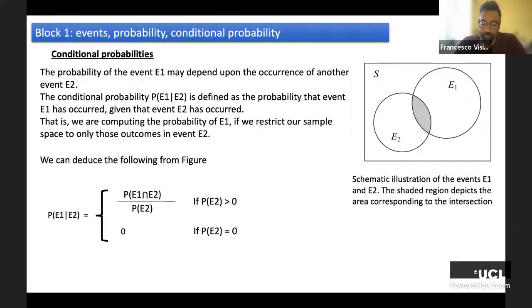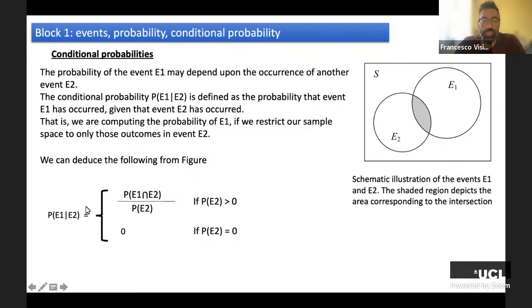The other very important concept in PSHA is the conditional probability. The probability of an event E1 may depend, in fact, upon the occurrence of another event E2. So the conditional probability, which we write as P(E1 | E2), is defined as the probability that event E1 has occurred given that event E2 has occurred.